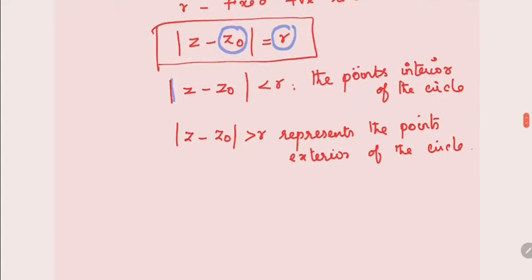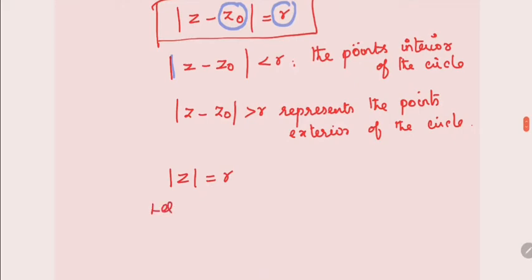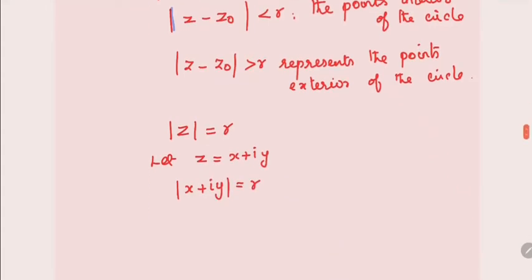Now, modulus of Z is equal to R. Usually for Z we'll consider x plus iy, the complex number. If you substitute in this equation, modulus of x plus iy is equal to R. What is the modulus of any complex number?